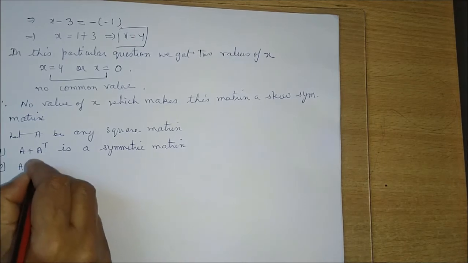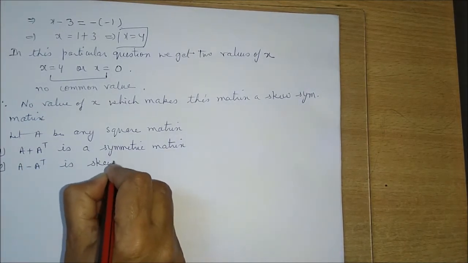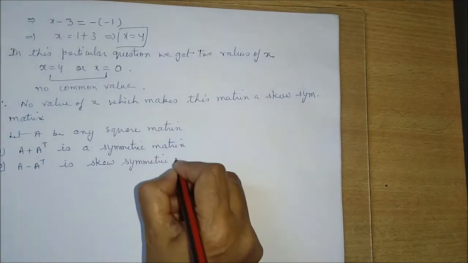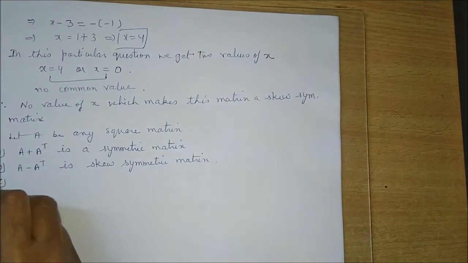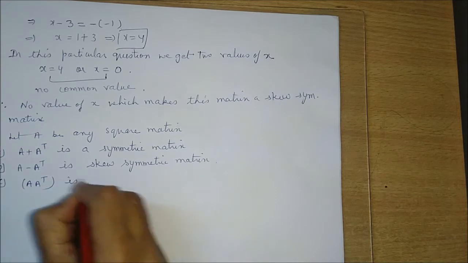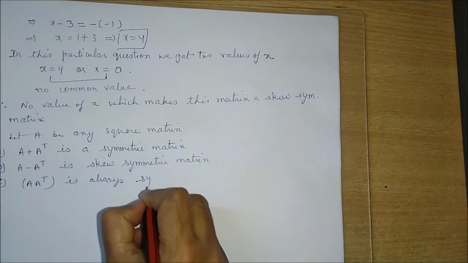A minus A transpose is a skew symmetric matrix. And A transpose A is always symmetric.